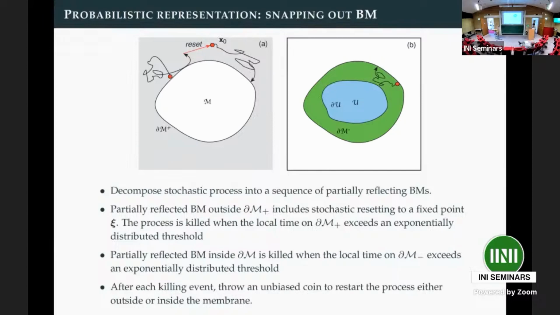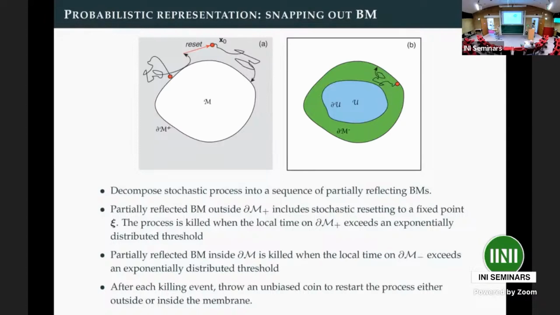Okay. So there's a lot of machinery, and one of the things, of course, is that someone doesn't want to just write papers for the sake of writing papers, but is trying to think through what are interesting questions to ask using this. So there are two levels to this. There's developing machinery using renewal theory and strong Markov properties to deal with delays in resetting, and then thinking about geometric configurations and the effects of semi-permeable membranes, and using this snapping out Brownian motion to look at more complicated semi-permeable membranes.